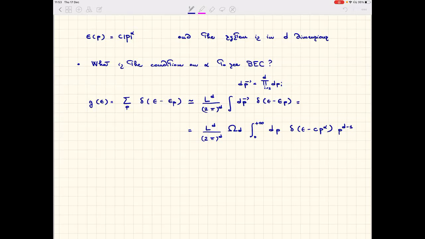So which variable should I choose? x equal to c p to the alpha. Okay, so this is my change of variables. And then dx is going to be equal to alpha c p to the alpha minus 1 dp.